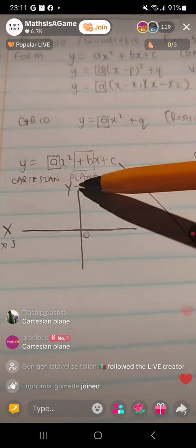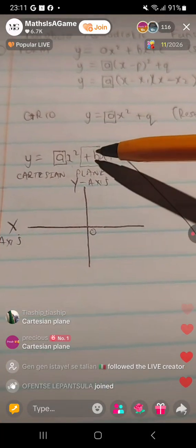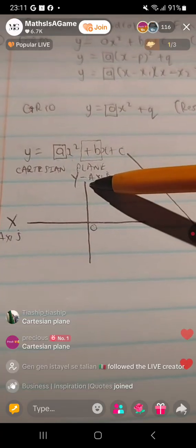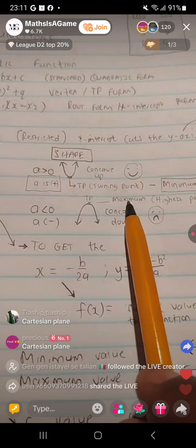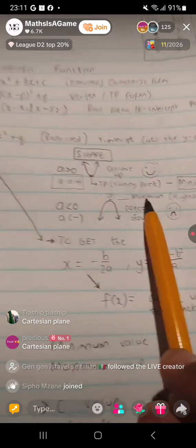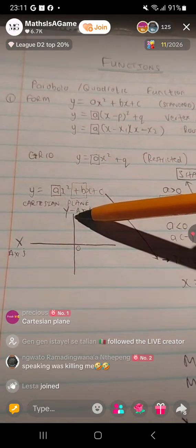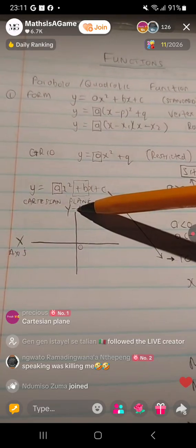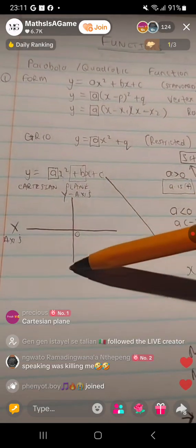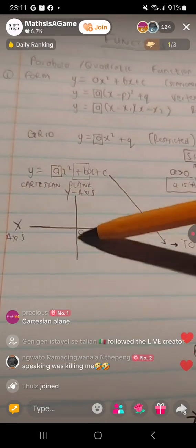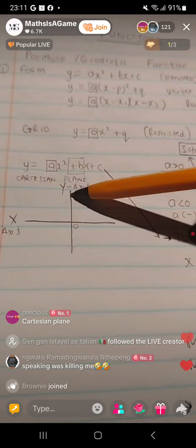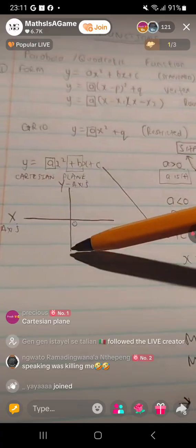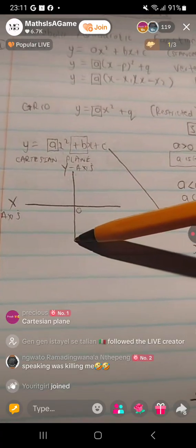Now maybe when you look at this, you're like, okay, so that is why I was saying, if I am looking for the actual maximum value, then what am I looking at? It is me looking at the y values, right? At the top, the y value, maximum. At the bottom, y value, the minimum.